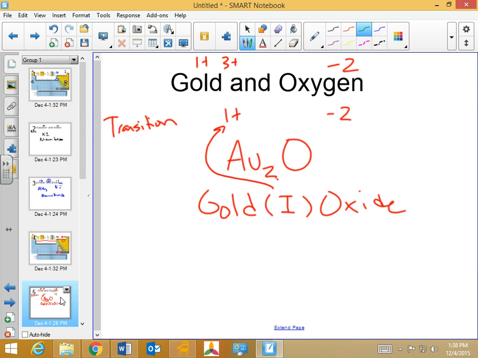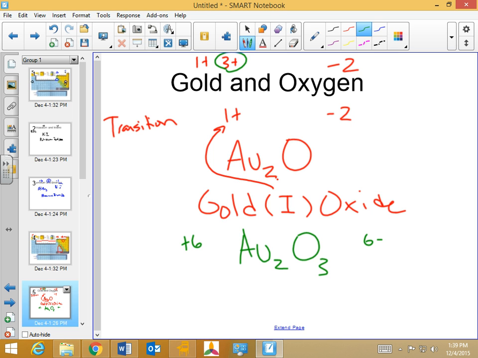Now, if we want to go with this gold as a 3+, well, now I have a 3+ and a 2-. So I've got to balance, again, get the same number of positives and negatives. So therefore, I would need 2 of these golds, and I would need 3 of these oxygens in order to balance that out, right? Because that would give me 6+ on this side and 6- on that side.